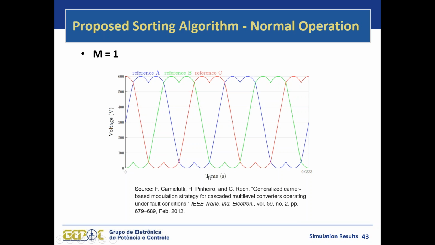And the shape of these reference voltages comes from this paper that I have published some time ago that was related to my master thesis. And it's a generalized carrier-based strategy for cascaded converters operating under fault conditions.